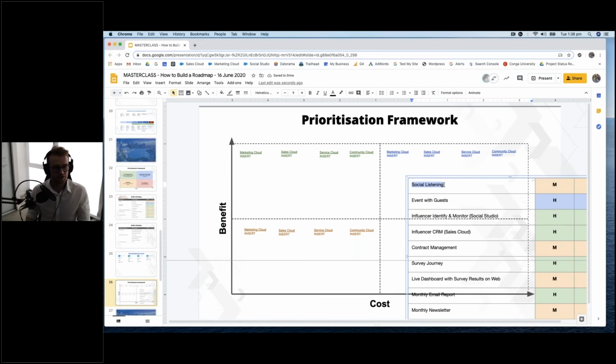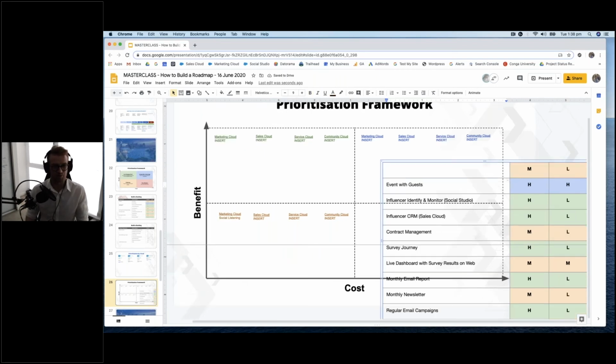So social listening, we said, was down here, and it's Marketing Cloud. So this also helps me formulate which products they sit in. Event with guests is probably a mixture of Sales Cloud, but that's a high. Yeah, okay, so I'll put it up here in the top right. So probably here, but it's its own solution really.